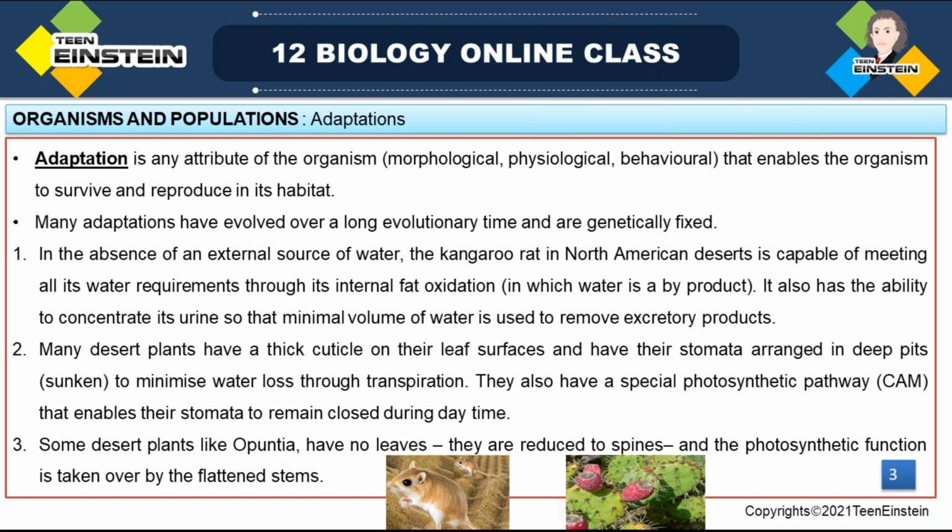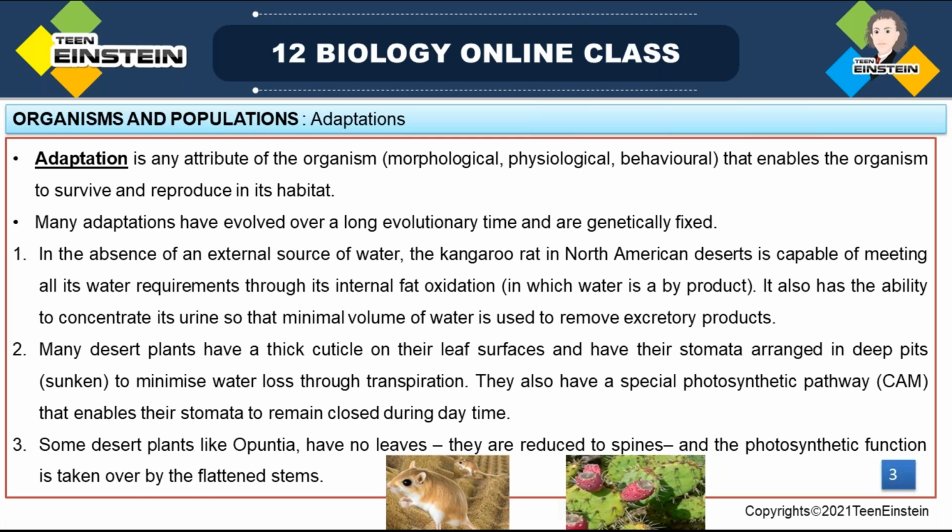But in the case of kangaroo rat, it is concentrating the urine, and it is making sure that a minimal amount of water is used for the removal of excretory products also. Got it?